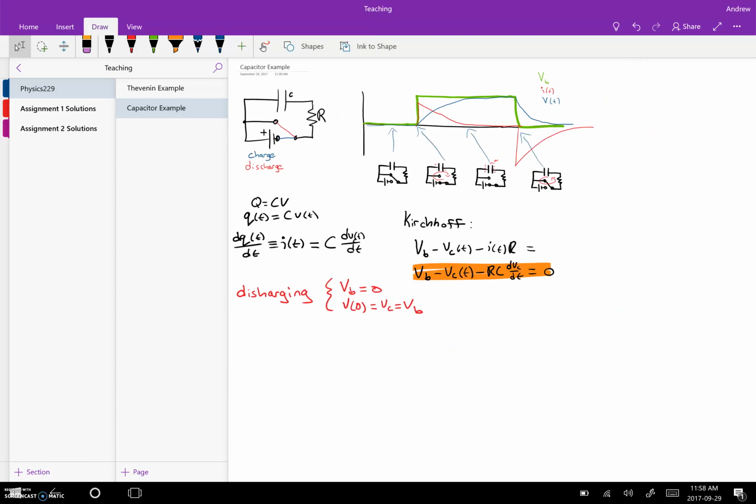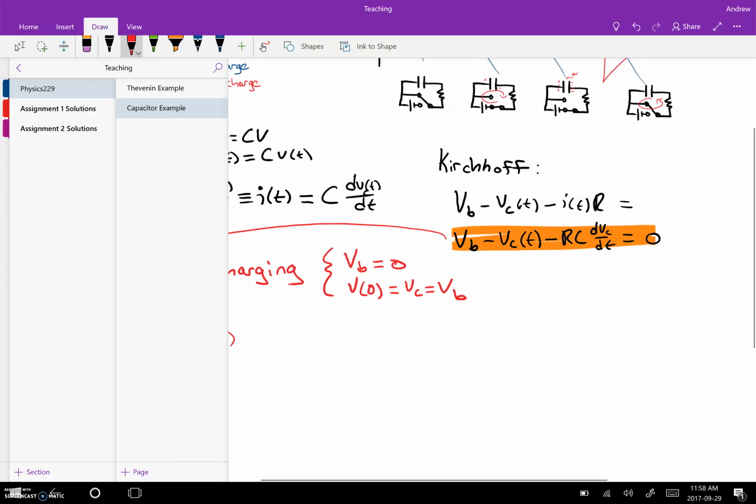So let's look at our differential equation now. It now says, if we rewrite this, well, 0 minus Vc minus RC dV by dt equals 0, or V prime, I'll just drop the C subscript here, of t is equal to minus 1 over RC times V of t.